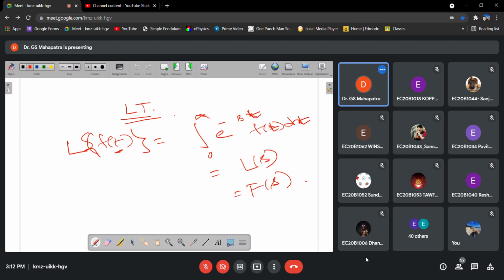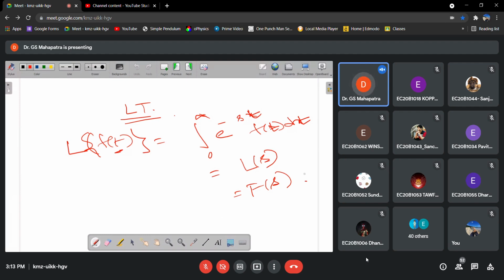This function F of s is called the complex domain or complex frequency domain, or sometimes you can simply say the frequency domain.